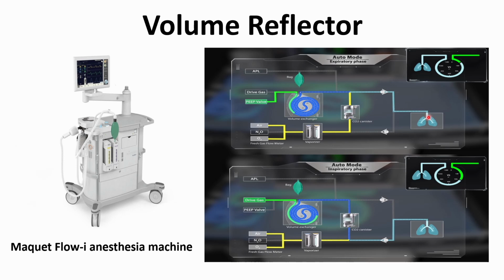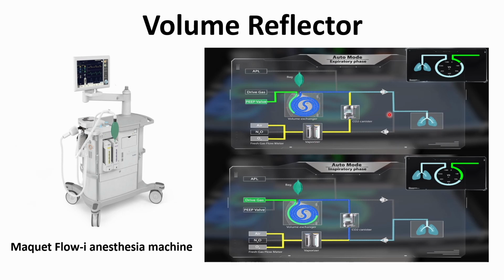During expiration, the gas comes out, passing through the carbon dioxide absorber, and goes inside this convoluted tube which is named the volume exchanger. The PEEP valve will be opened to apply some PEEP pressure to the patient.